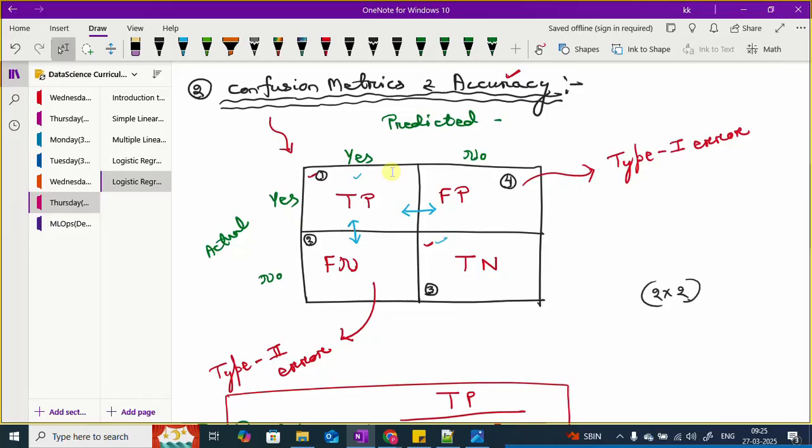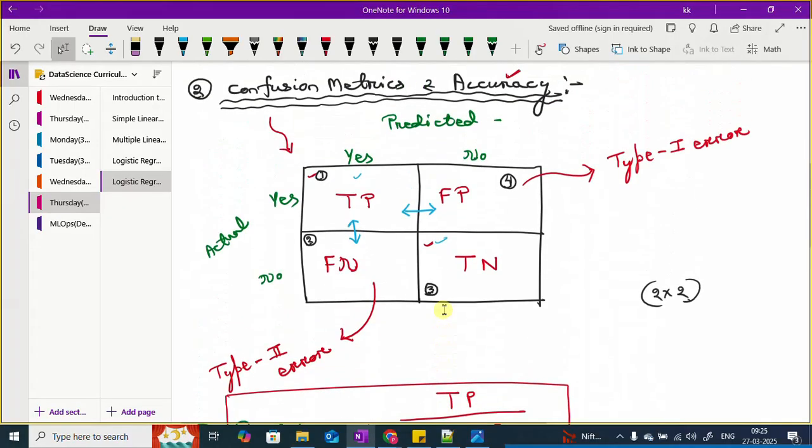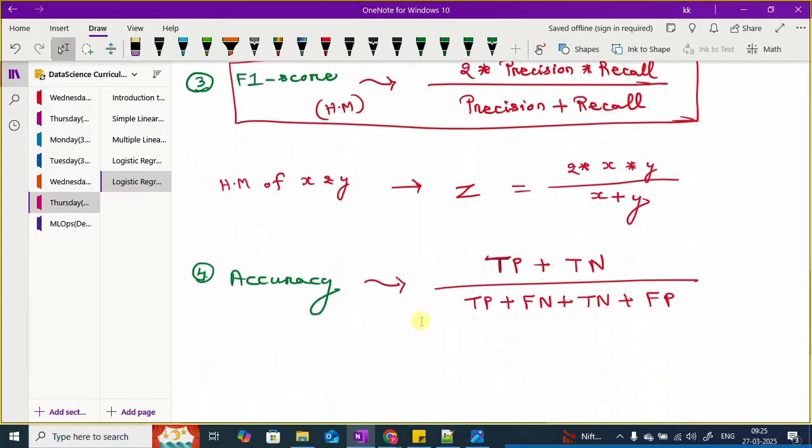These two, because I told you there is no problem with that. Divided by the total sum. What is the total sum? True positive plus false negative plus true negative plus false positive. See, all four quadrant values. Okay, this is nothing but my accuracy formula.